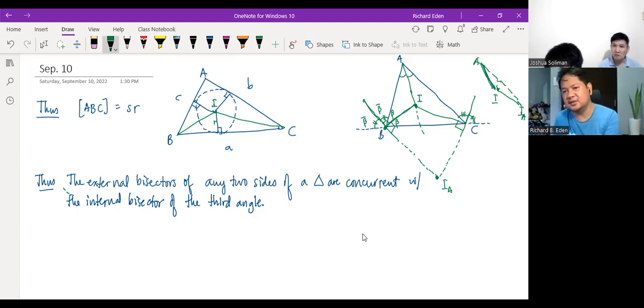So it's not enough. We would have to show AI and I A are actually collinear.